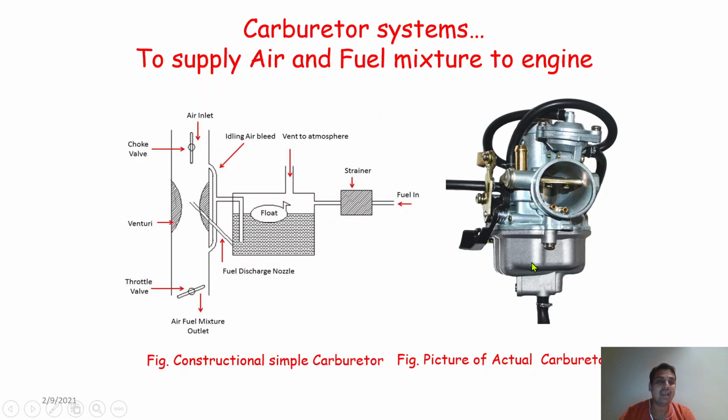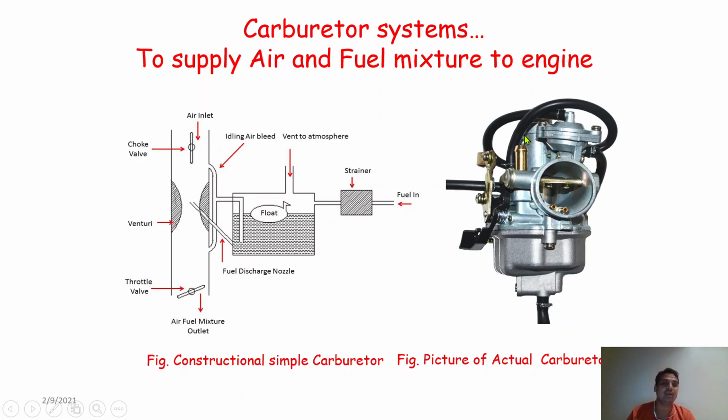I think many of you have observed this device or component, which is always situated near the engine. Sometimes it is above the engine cylinder or engine head, sometimes just beside the engine, but such a device is always present in a two-wheeler specifically.